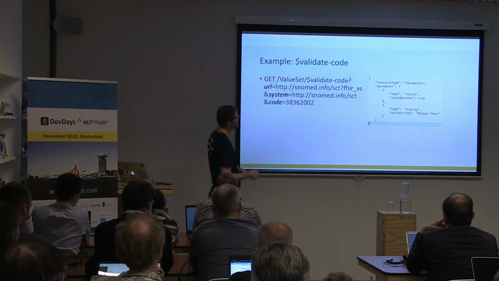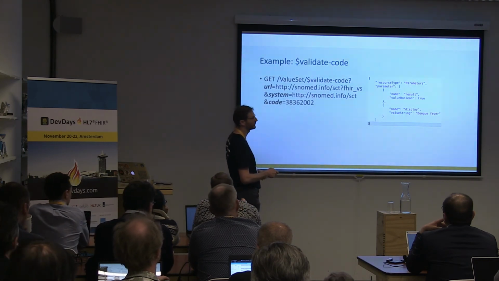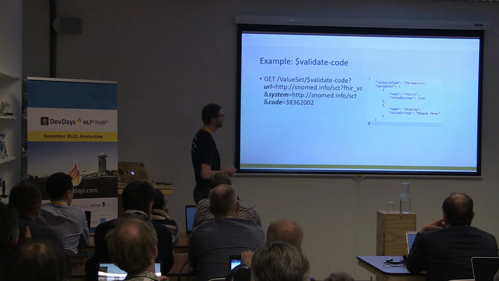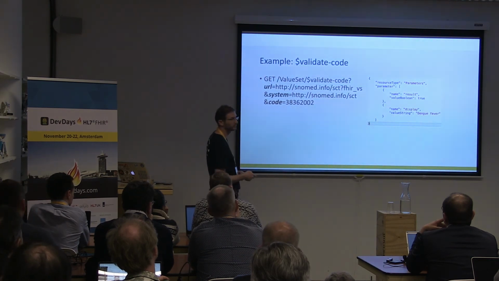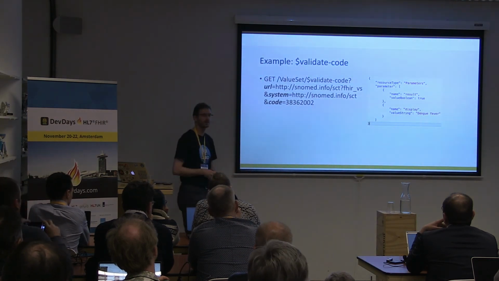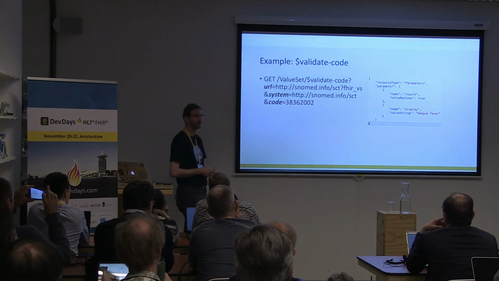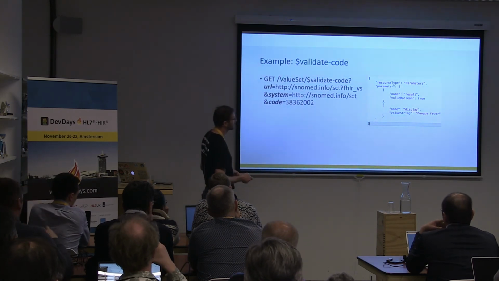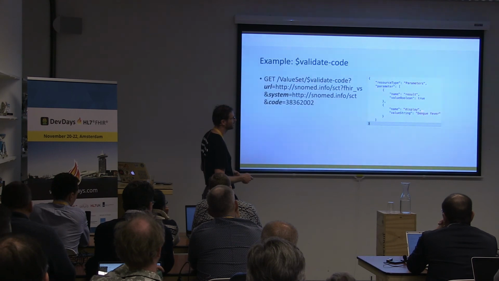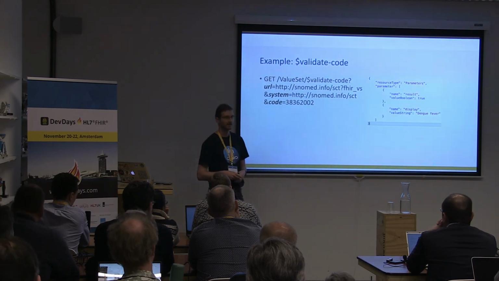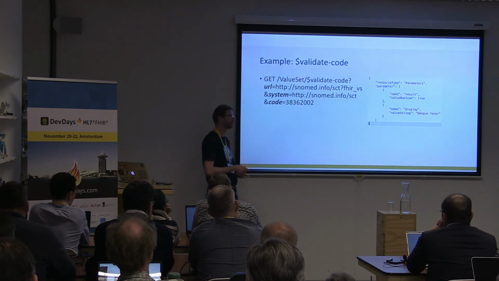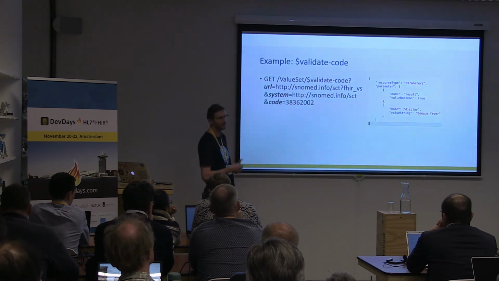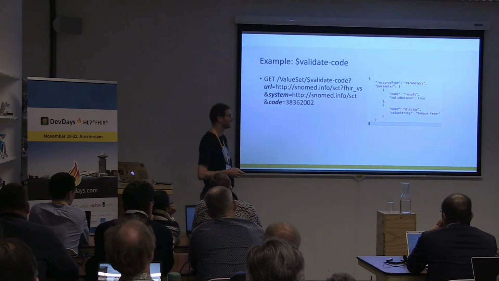And in this case, my server comes back with a parameters object. So this is what always comes back from a validate code. It says the result is true, saying this value set does contain this code. And it says, just for your information, the display text is dengue fever. Now the server doesn't have to provide that. That's an optional thing, but in this case, this server does provide the display text as well.